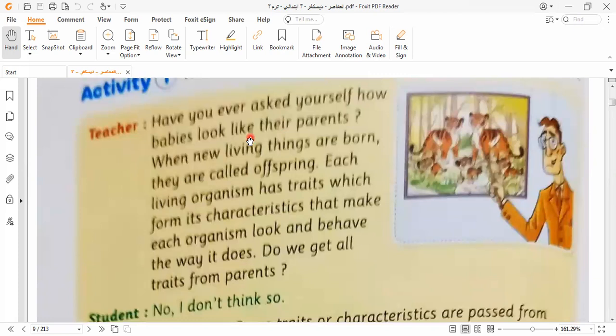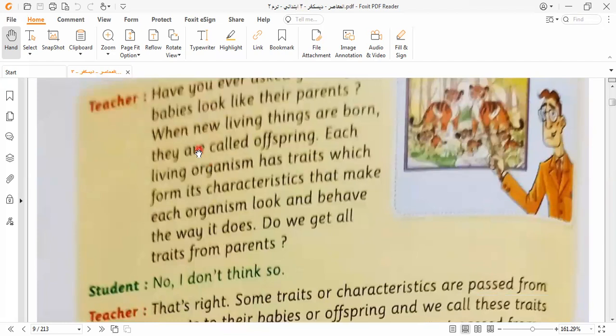Why? Because inherited traits are the characteristics that pass from parents to children. The inherited traits pass from parents to offspring, or children, who took these characteristics from the origin. What is the origin here? It is our parents.